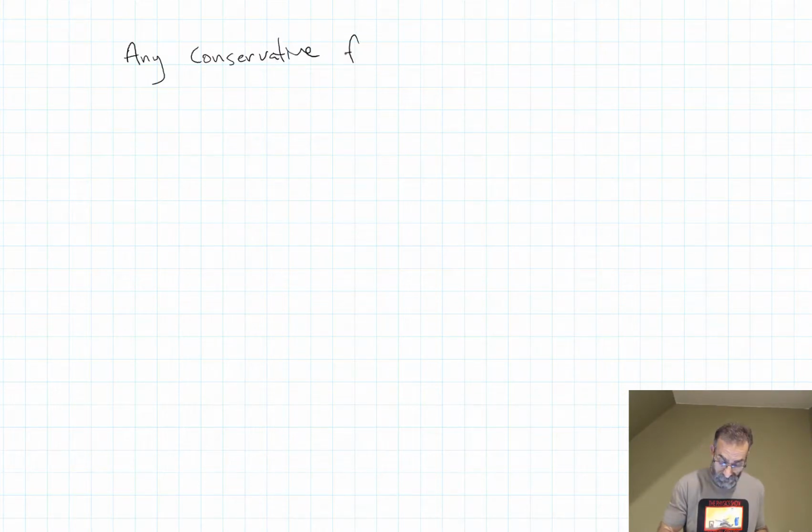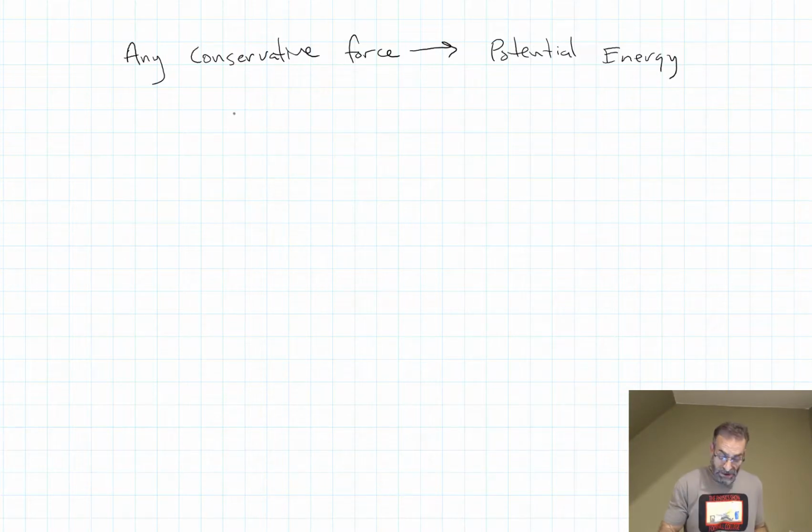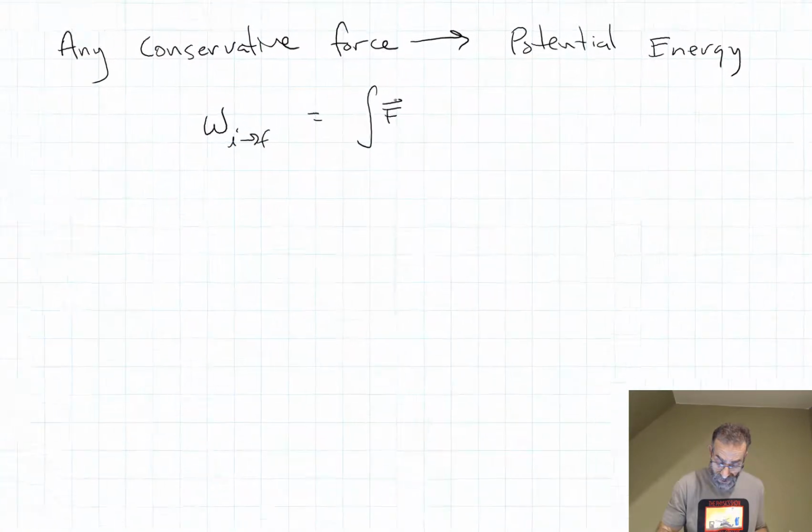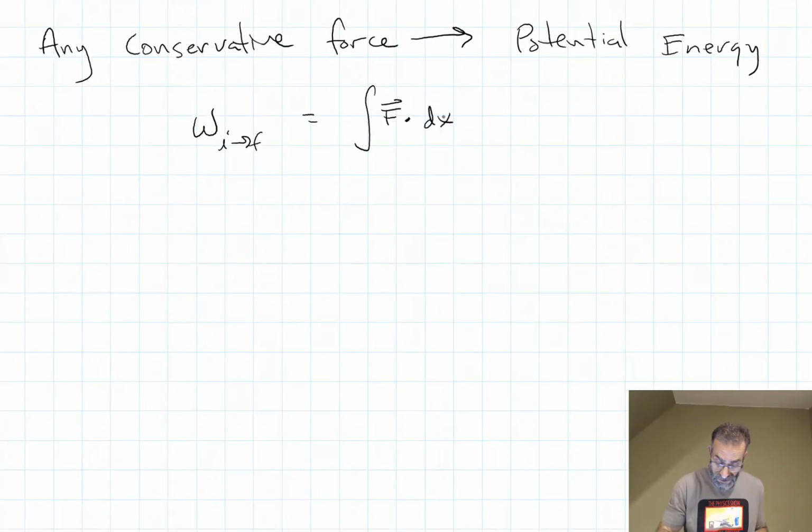Why do we care about conservative forces? Because every time we see a conservative force, we come up with a potential energy term. In general, the work going from A to B, from an initial to a final location, is just the integral of F dot dx.